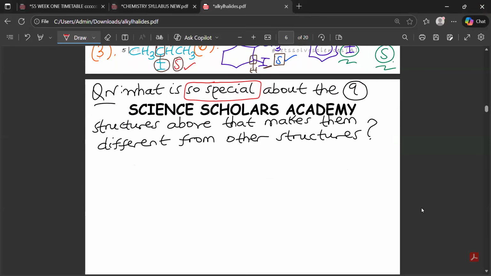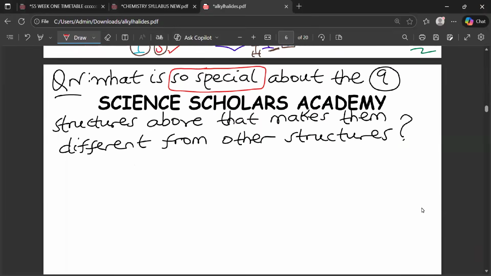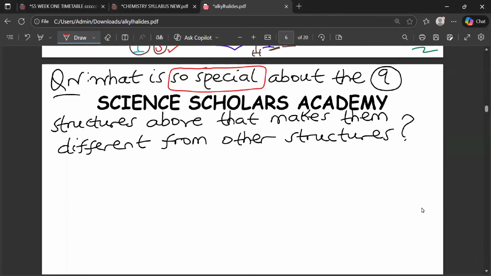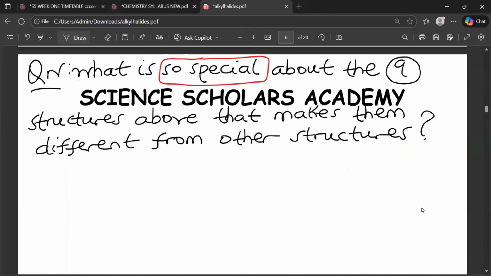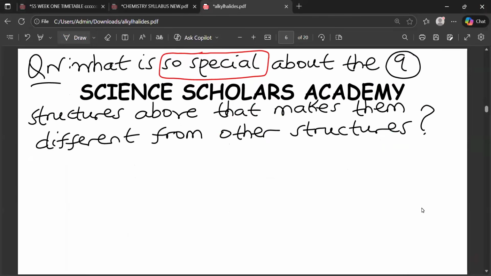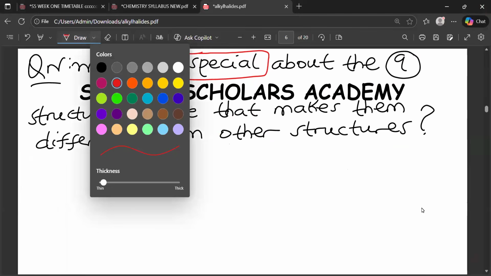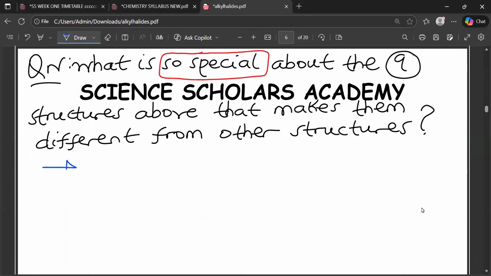That is it. Perfect. That's what I wanted. He has said it. That what is so special about those structures that maybe other structures don't have, it is the carbon halogen bond.